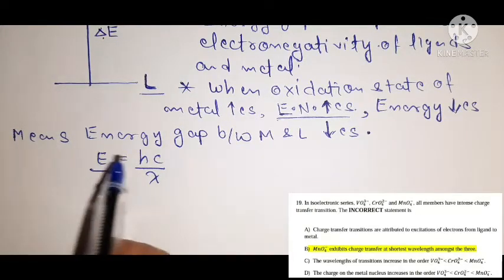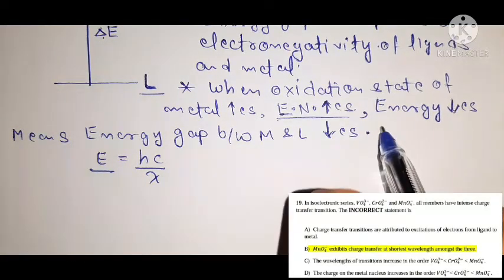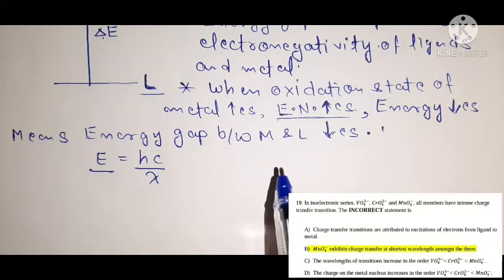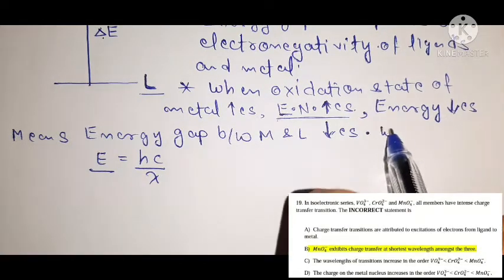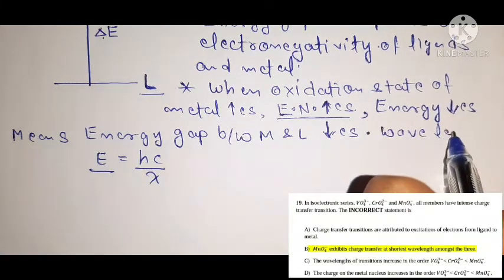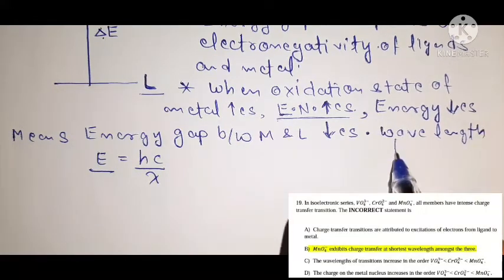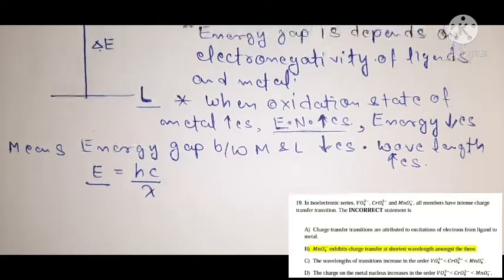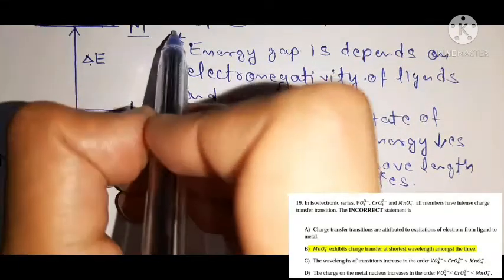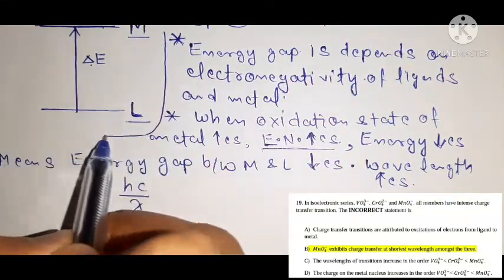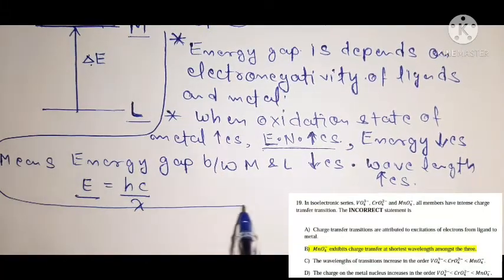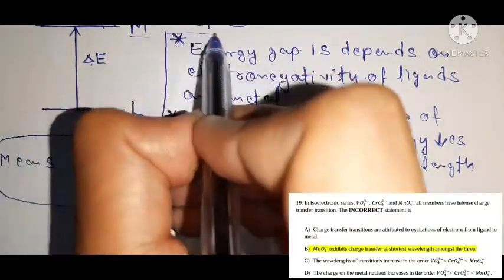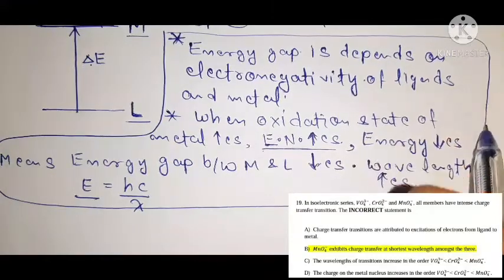So when the energy gap decreases, the required energy decreases, which means the wavelength of this transition increases. This complete concept we use for solving this question. This is an important concept, friends.